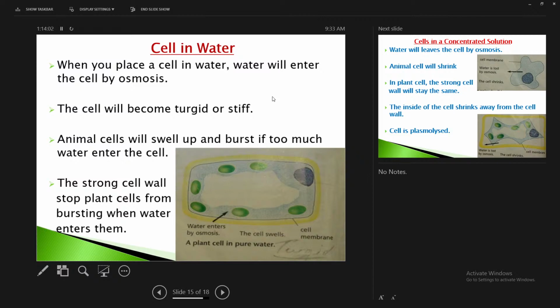Right, so the last point, the strong cell wall stops plant cells from bursting when water enters them.